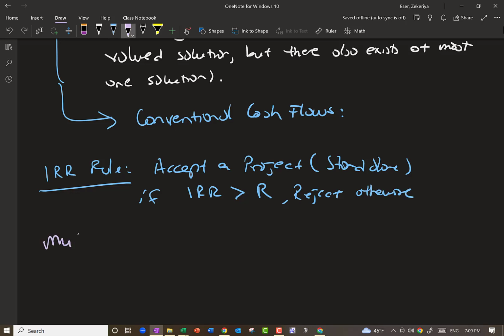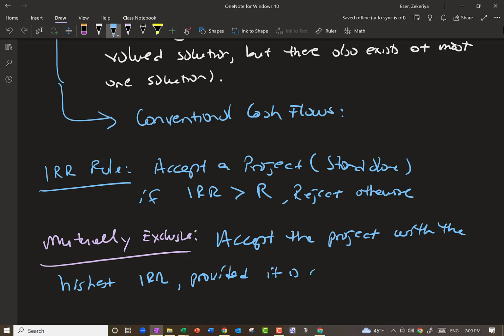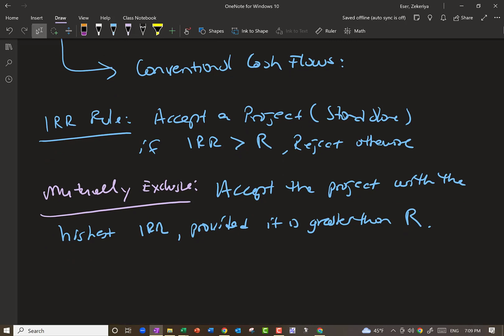For mutually exclusive projects, you guessed it, accept the project with the highest IRR, provided it is greater than R. That's pretty much it.